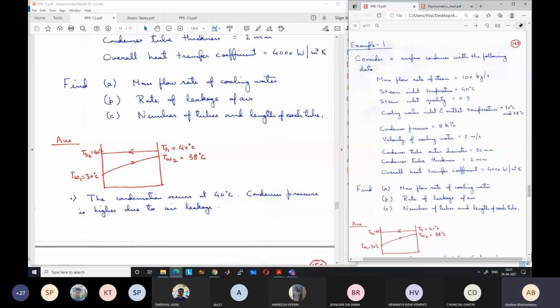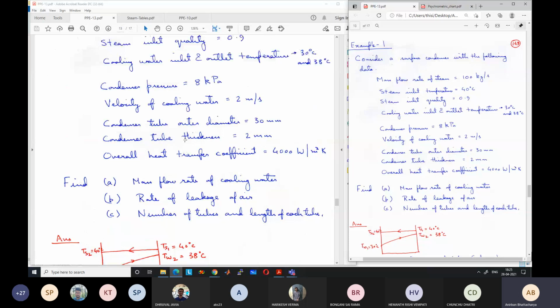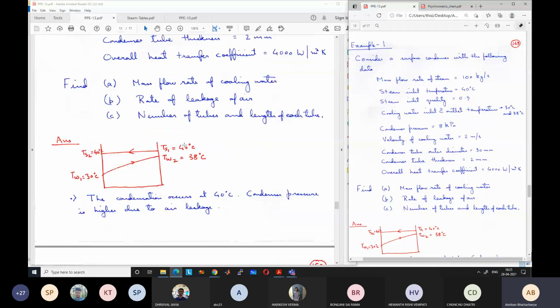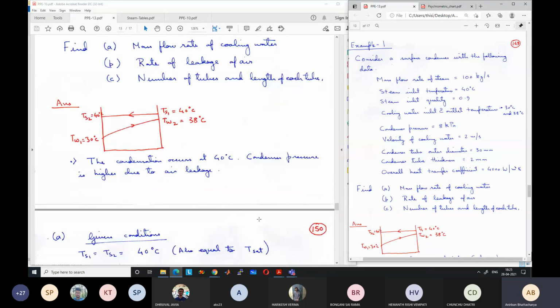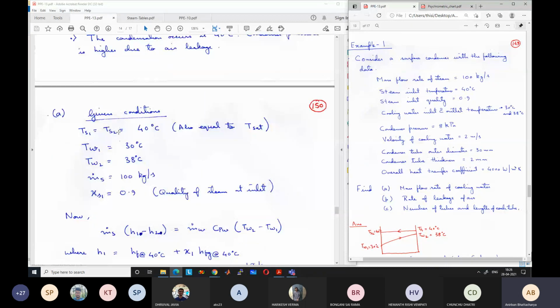The condenser pressure is higher because some amount of air is also present in the condenser. So if the saturation pressure is 7 point something, the small remainder is the partial pressure of air. For the given conditions, we will keep this open here. TS1 equal to TS2 equal to 40 degrees centigrade, which is also equal to T saturation.